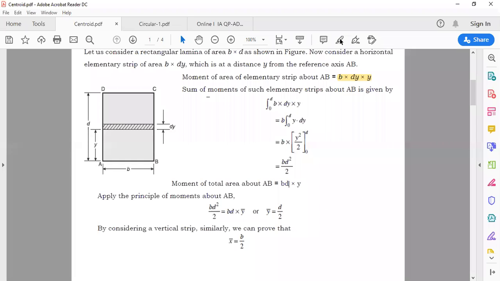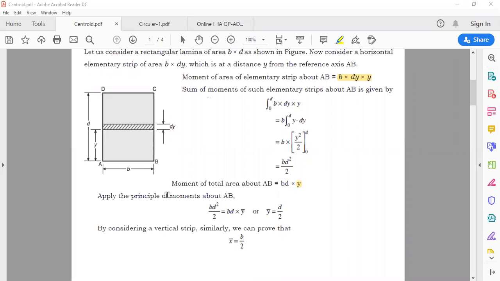So what I'll do is I'll name this as y bar. So a small correction here in this part. So let this be y bar. It is BD into y bar. I do not know y bar. Now y bar is the thing I am supposed to calculate.